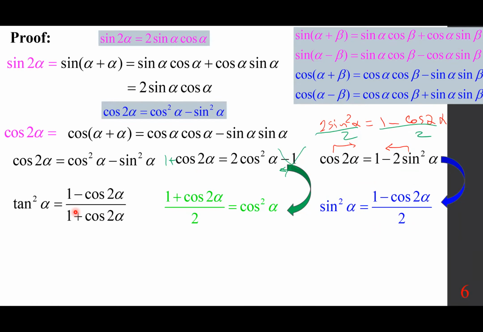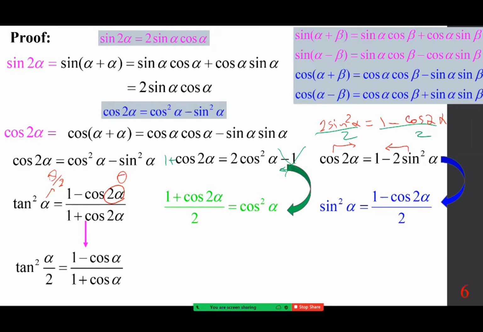Now, in all of those cases, I can change the 2 alpha to alpha. Then I have to change this to alpha over 2, in all of these cases. Or you might even say, if I let this one be theta, then this one is theta over 2. You can go that way. And so it establishes the following.